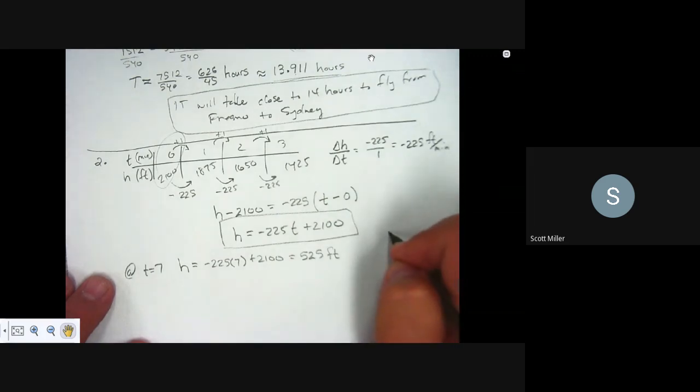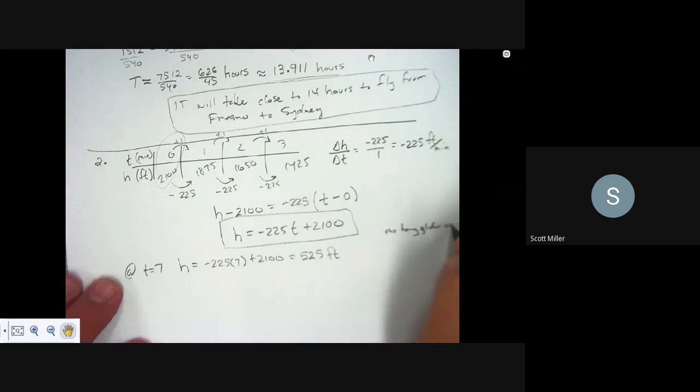And so you can write your final answer here. The hang glider will be at 525 feet after 7 minutes.